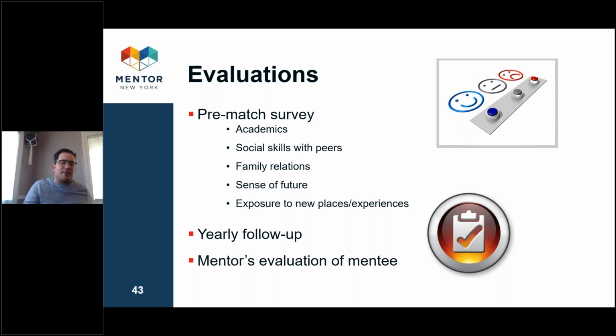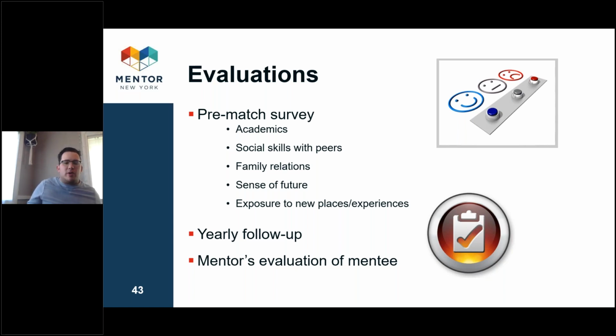And if you have access to them after that, doing a follow-up down the road can be really great too. One of the things we know about mentoring is that sometimes the impact doesn't show up for 1, 2, 3 years down the road. And so we don't necessarily know the impact the mentoring relationship has in that moment. So if you have access to long-term data, if they're part of a school system you have a relationship with or things like that, then all the better.